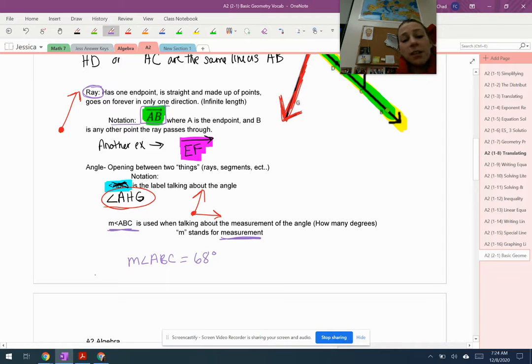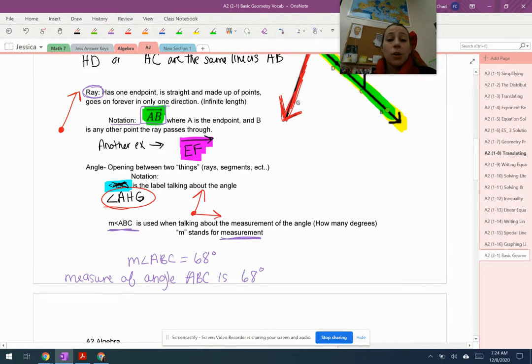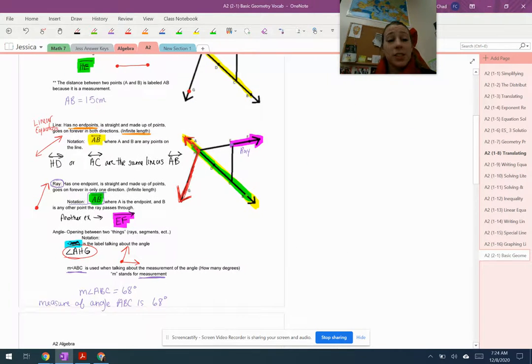That's just saying that the measure of angle ABC is 68 degrees. So that's all the vocab that we're going to start with for today.